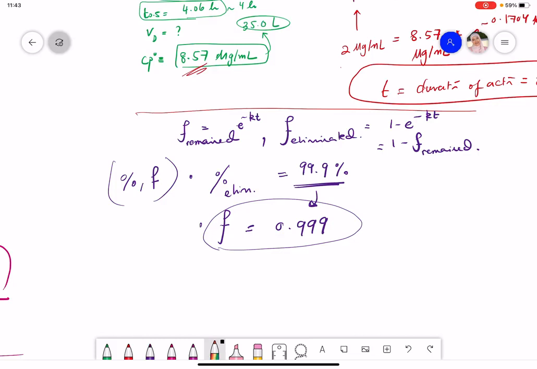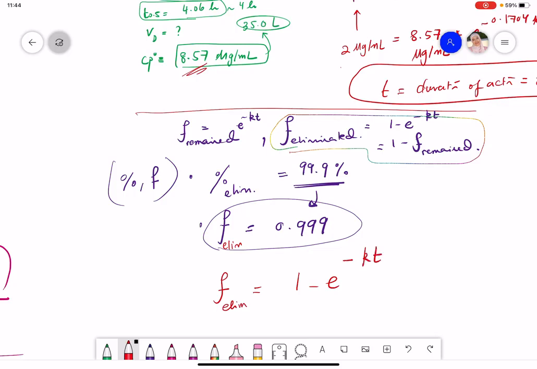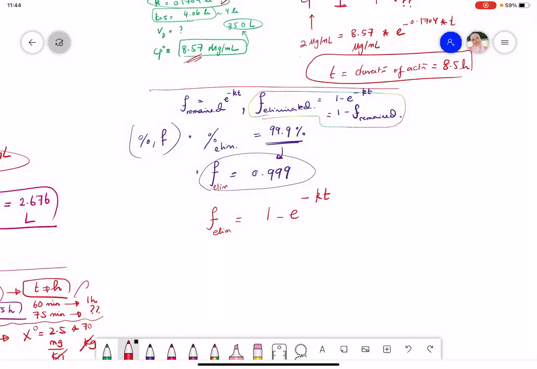Then I need to use this equation: the fraction of the drug eliminated equals 1 minus e to the minus k times time. I need to determine the time. Do we have k? Yes, which is constant, and the fraction is equal to 0.999.